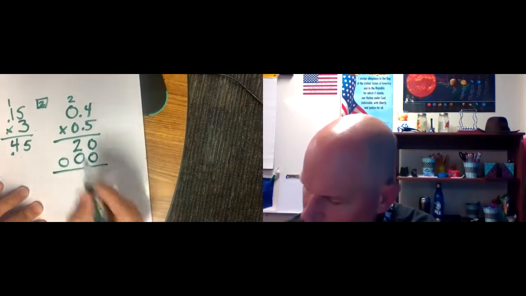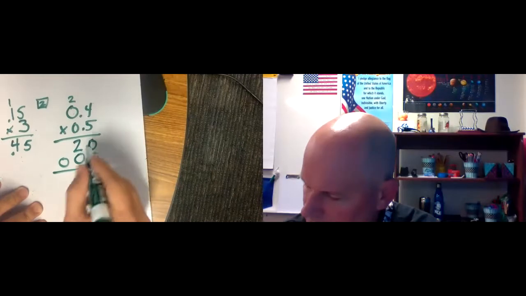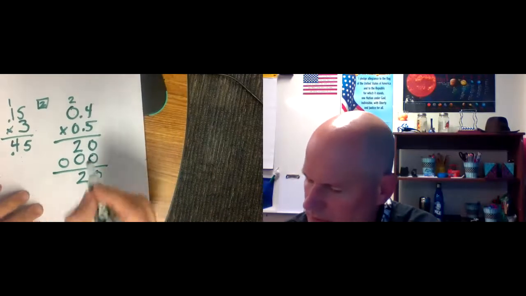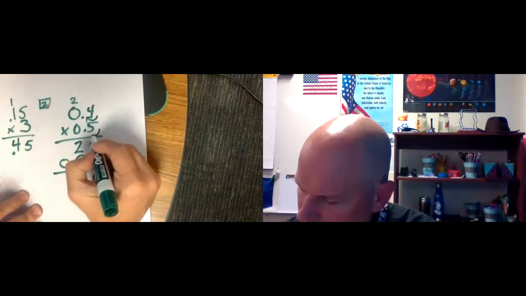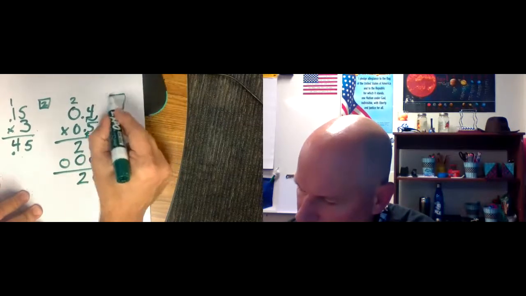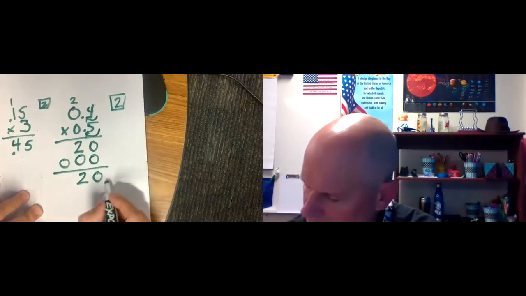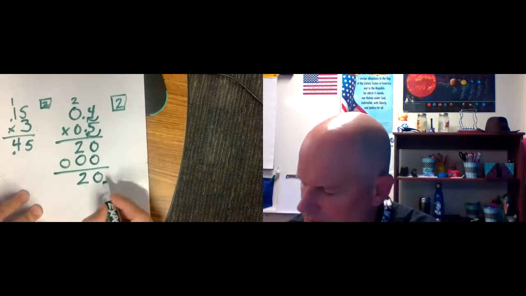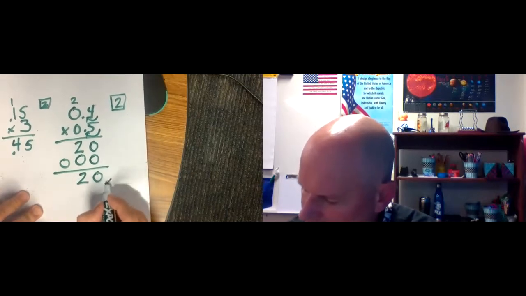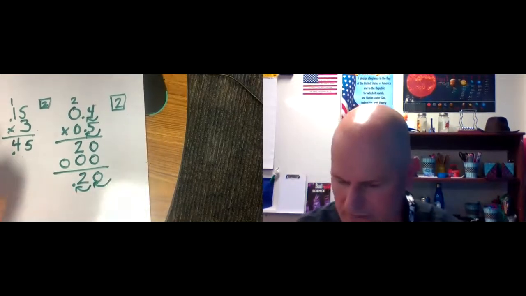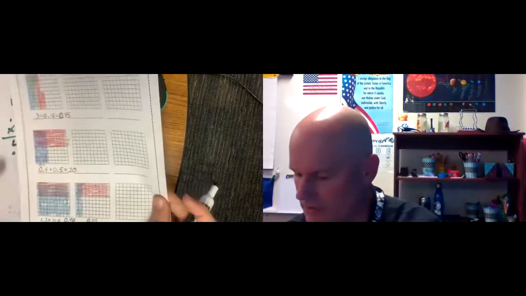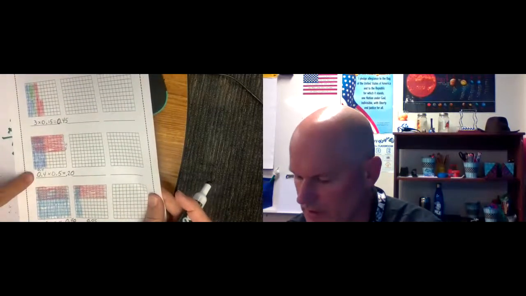We can go ahead and add these up now. 0 and 2. Count the decimal places, 1 and 2. We have 2 decimal places, so we will move over that many spaces. Remember, behind every whole number lives a decimal. You move that over 2 spaces, and we get 20/100ths, or 2/10. And that's exactly what we got using our grid.